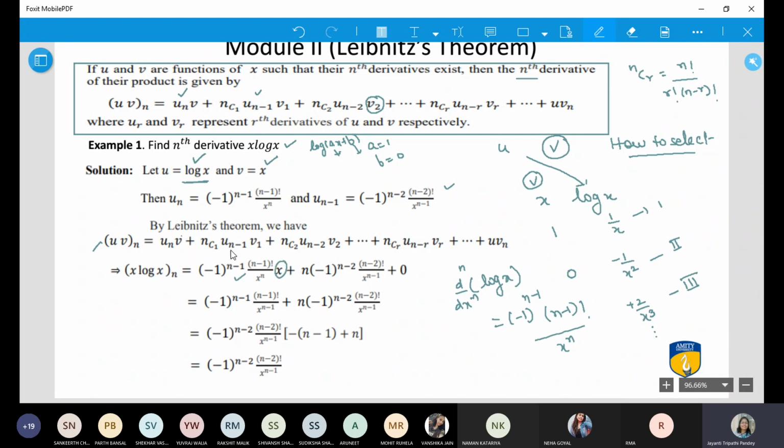The second term is nC1. When you write nC1, what will be the value? Obviously, n. I hope you remember this. You can check: nC1 is factorial n upon factorial n minus 1, so the output is n only. Similarly, nC2 is n into n minus 1 by 2.